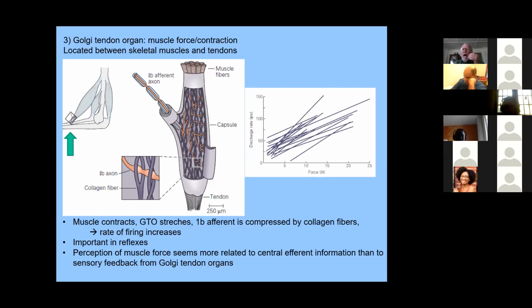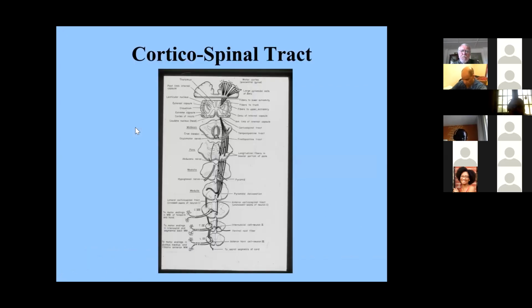And Golgi obviously had created the stain by which you could start to study individual neurons, but he also did many things in terms of sensory information. So he identified not so much the somatosensory receptors, which were much easier and much more attainable. He sort of went in and looked in the deep muscle in terms of how these things moved in the Golgi tendon organ. So again, we have that major form of interoceptive and proprioceptive information.